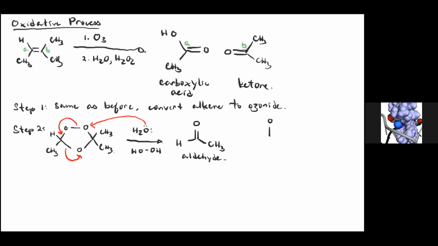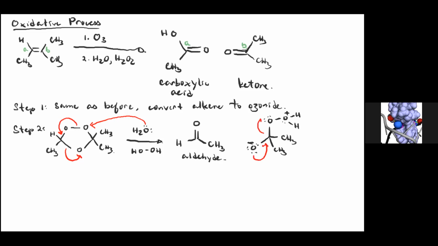And I don't think that your book actually goes through this mechanism in detail because it is a bit complicated. But you get to a structure like this. Put in the lone pairs there. And that is going to collapse. And so one of the lone pairs on this negatively charged oxygen is going to get pushed down to carbon. And then this group that's attached is going to leave.